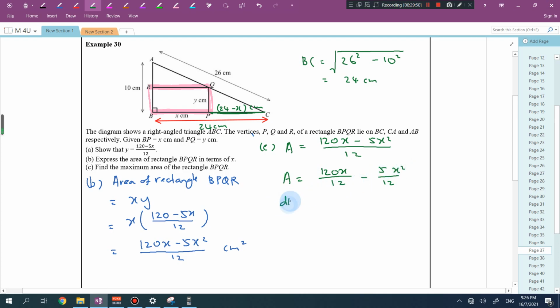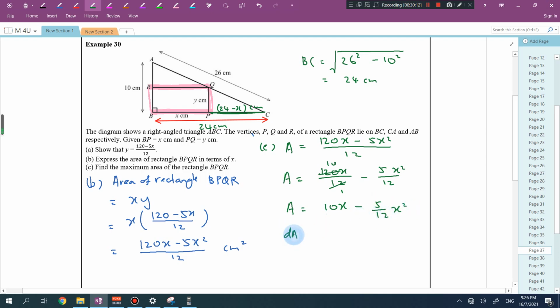Then we find dA/dx. How about let me simplify it first, to make the numbers smaller, so it is easier for us to do the differentiation. Simplify it: 10x minus 5 over 12 x squared.